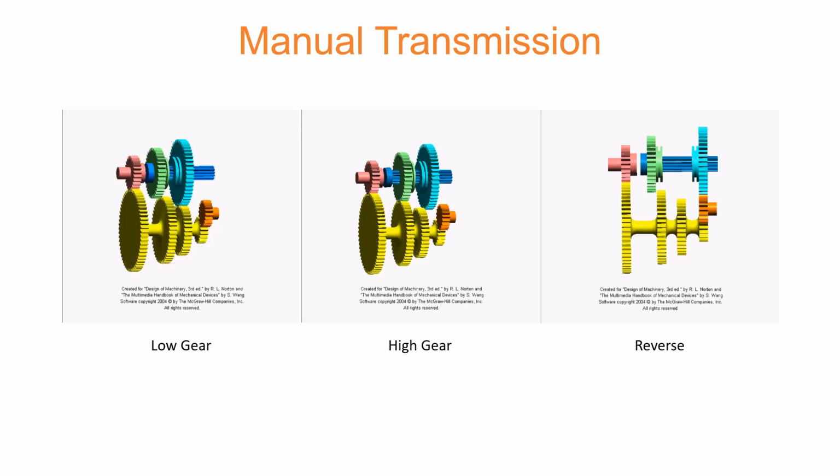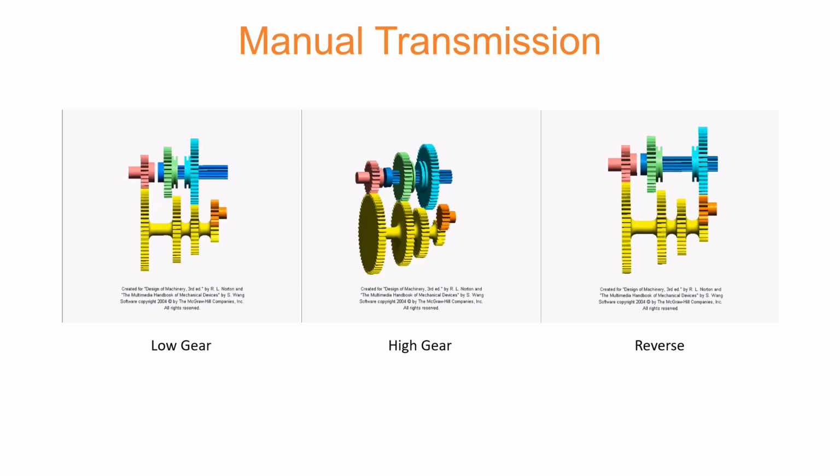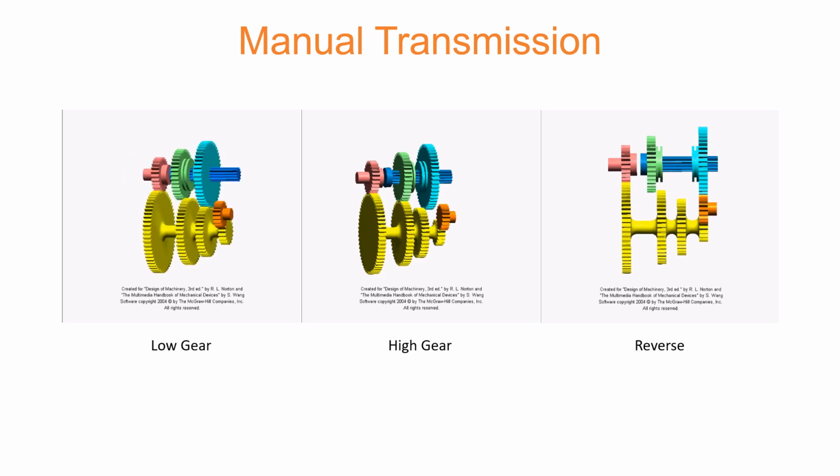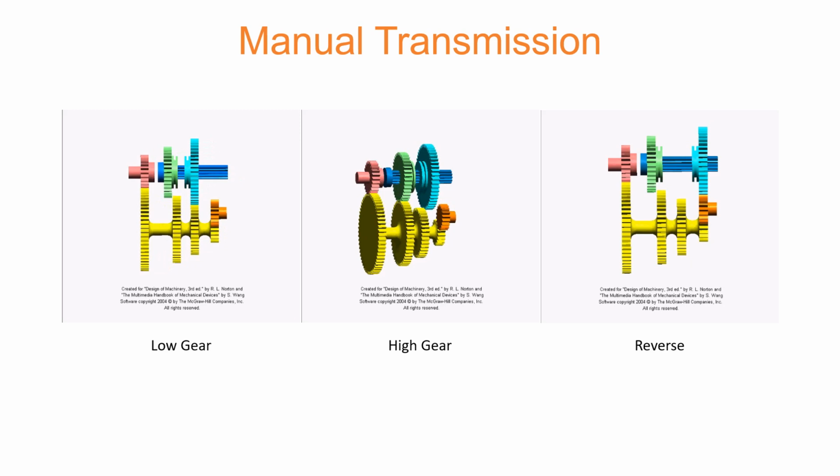And in case of low gear settings, you can see the output shaft is being rotated at a much slower pace and there is no idler gear engaged in it. You can see that animation again in order to gain much more insight into the manual transmission.